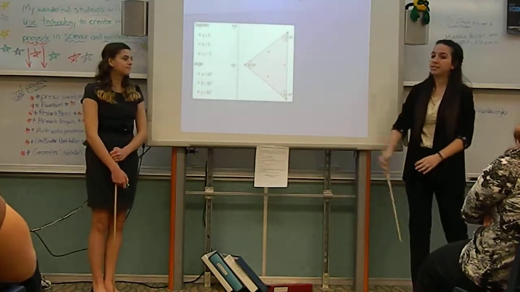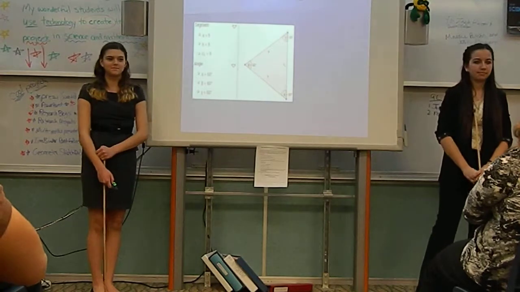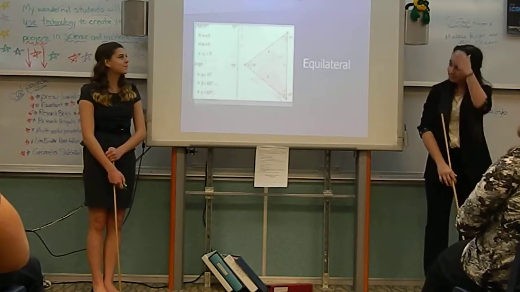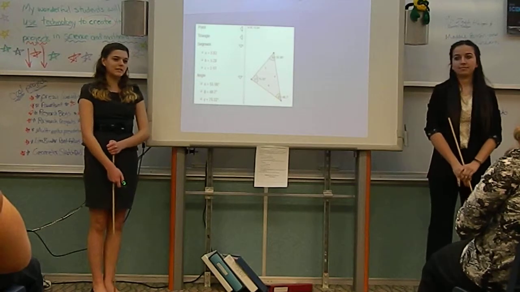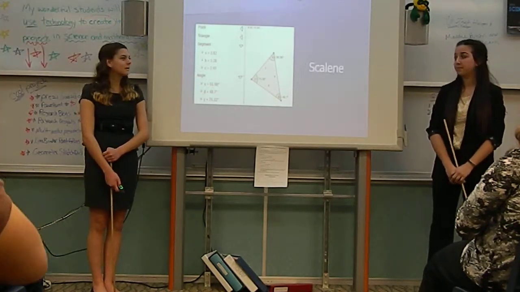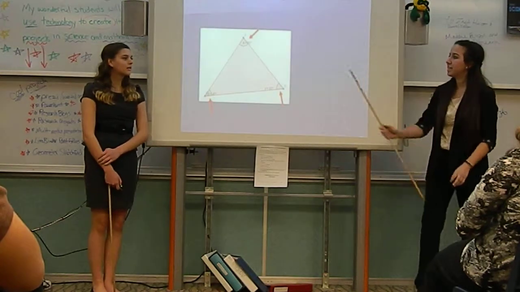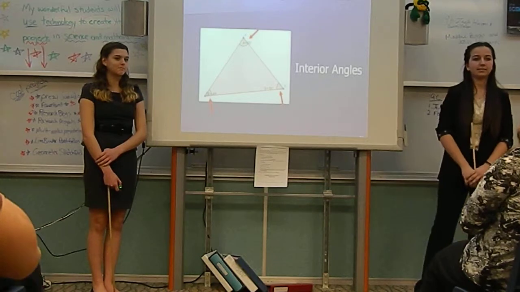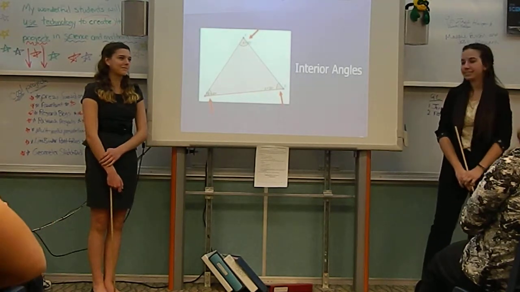First, what kind of triangle is this? What type of triangle is this? Scalene. Yep. Next, what type of angles are these? They're interior angles.